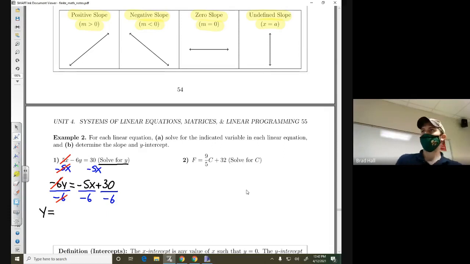And so negative 5 divided by negative 6, there's not really much we can do there. If you try to put that in the calculator, it'll just give you 5/6. But 30 divided by negative 6, that will give us something nice. That'll give us negative 5. So we have now solved for y.